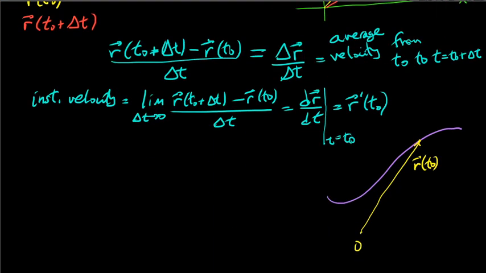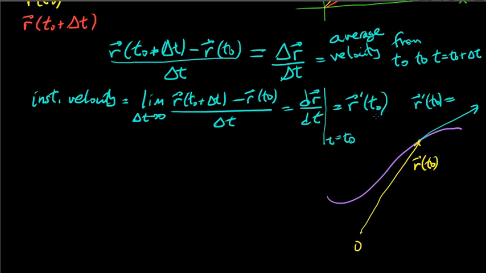So the derivative will point in this direction here. There we go, that's better. That's going to be the derivative of r at time t0.